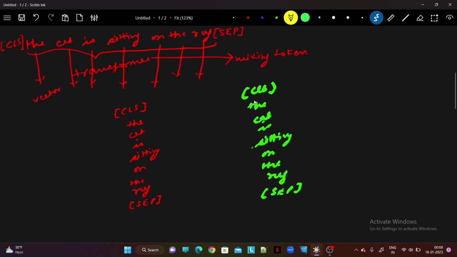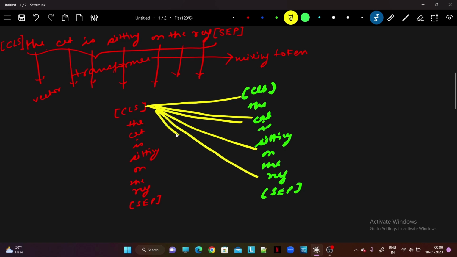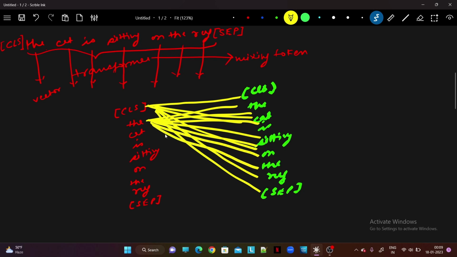It will try to find the relationship between all the pairs of tokens, even the word with itself. So the CLS will be tried out with all the words: with itself, then with the, then cat, then is, then sitting, then on, then the, then rug, and then SEP. Similarly, it will happen for all of these. I'm not drawing all the lines, but that's how it happens.